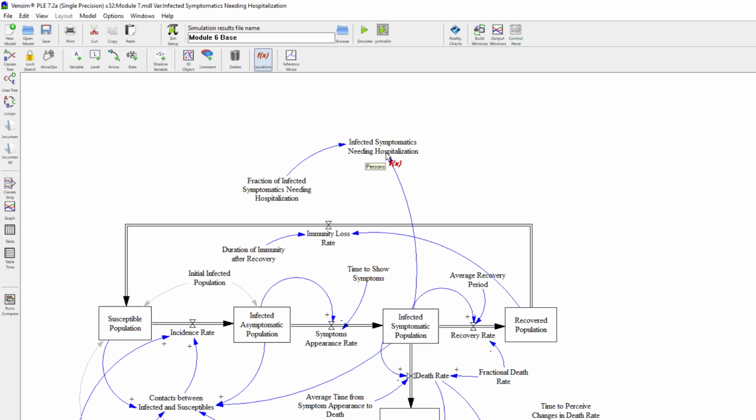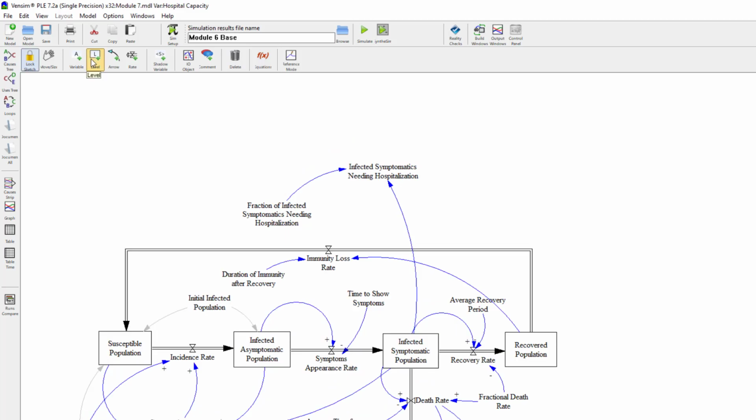So it doesn't really have inflow or outflow. There is a delay in building or expanding hospital capacity, so that is not going to be considered here, but we're going to use the level tool here and say hospital capacity.